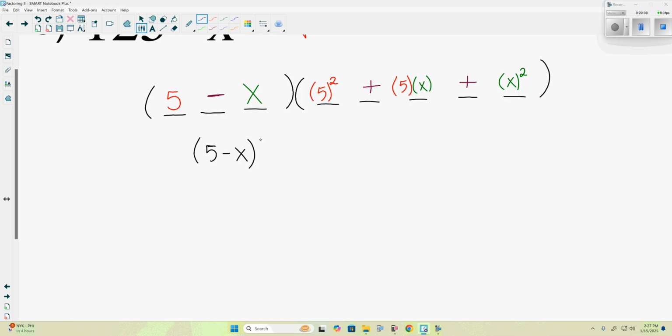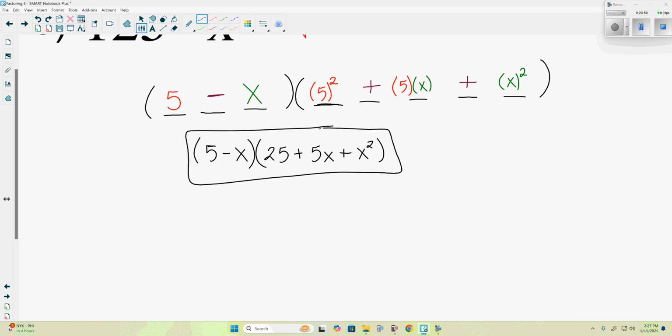And all that leaves is to simplify. So we'd have 5 minus x. First one we have is 5 squared, which would be 25, plus our 5 times x is 5x, plus our x squared as well, just x squared. And that's it.